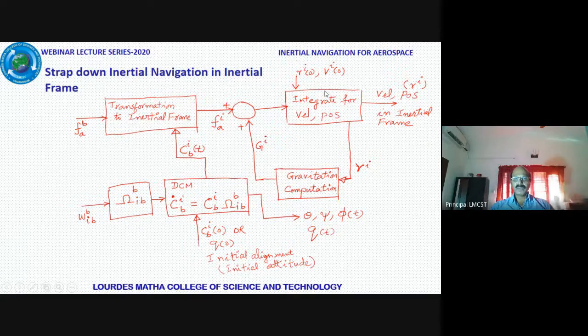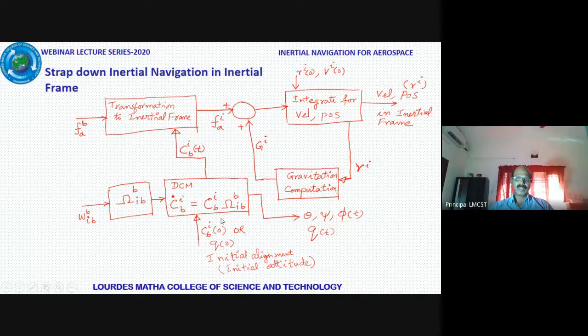And of course you see here, because integration is involved, the initial position and initial velocity you have to input. Similarly here, the initial value CBI 0 needs to be determined by so-called alignment methods and then input to the system.